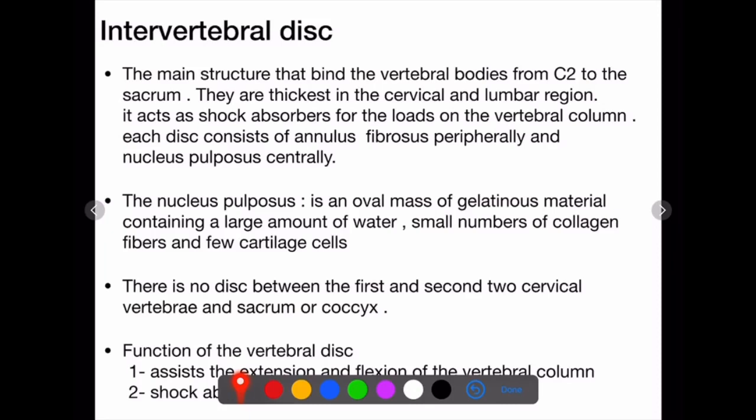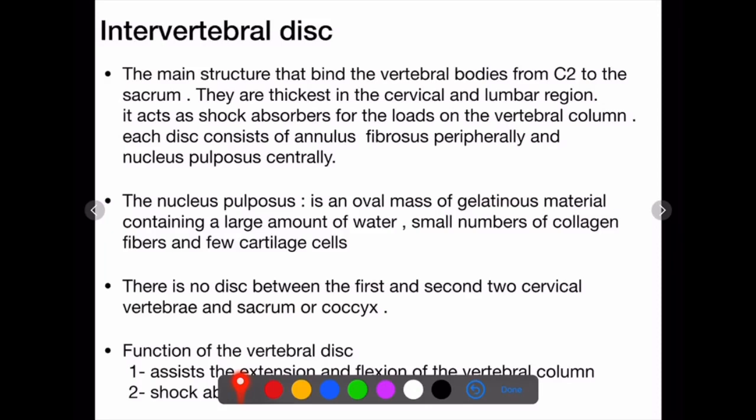Each disc consists of a fibrous annulus fibrosus peripherally, and centrally the nucleus pulposus.